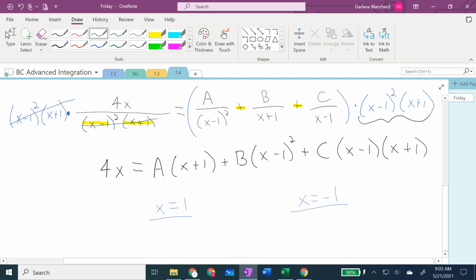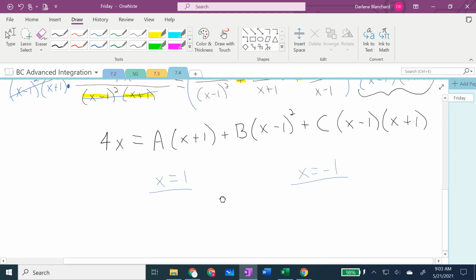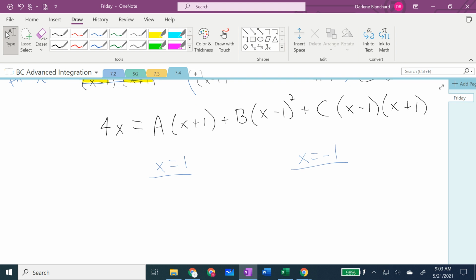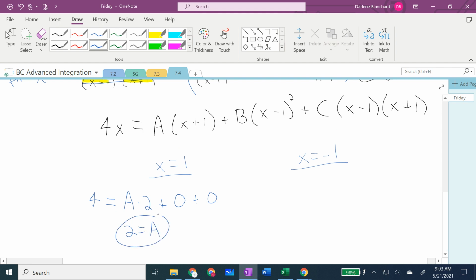So let's do that. If I replace every x with 1, I'm going to get 4 times 1 equals a times 2 plus 0 plus 0. We know what a is.